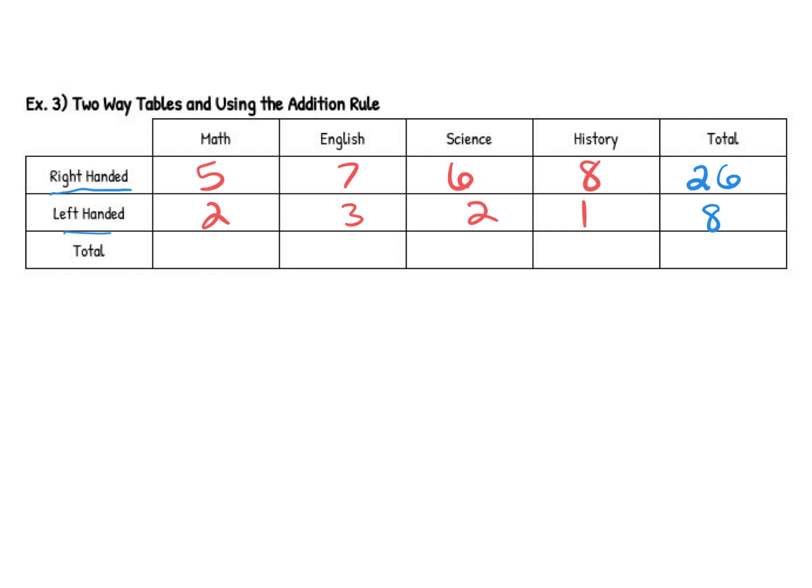And then people for math, we add up that column: 7, English 10, science 8, history 9. When we add these together, we should get the same total. 26 plus 8 gives us 34. 7 plus 10 is 17, plus 8 is 25, plus 9 is 34. So 34 participants.